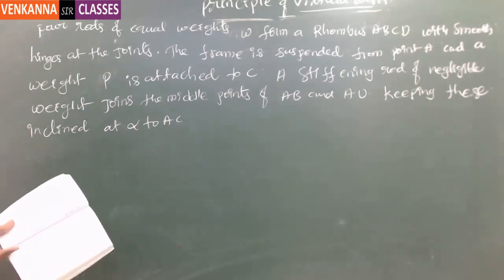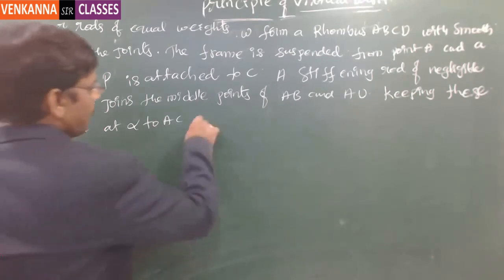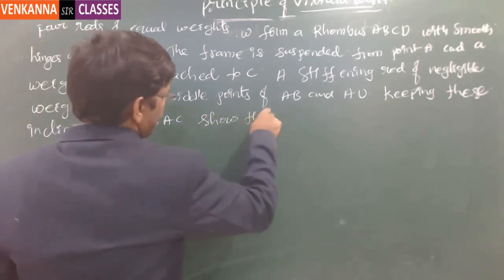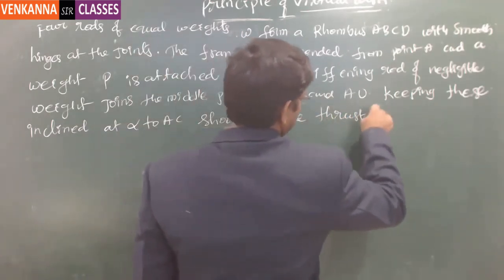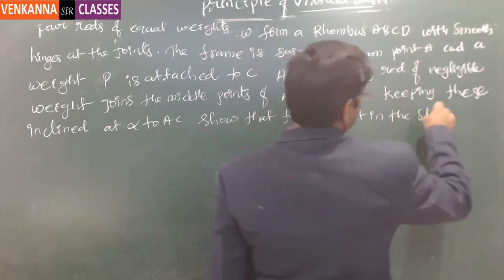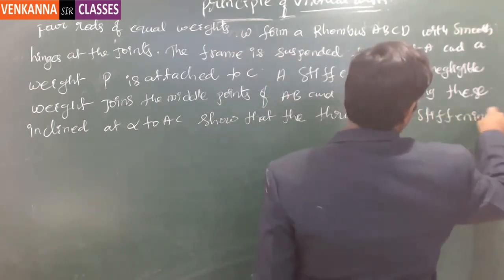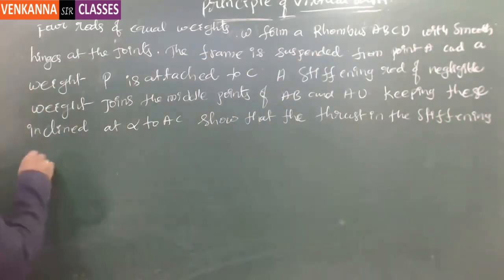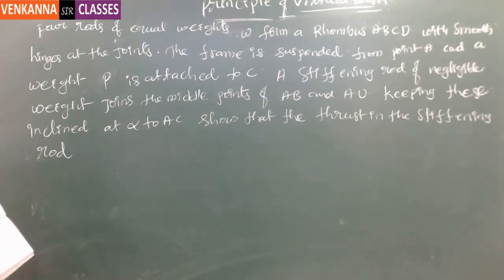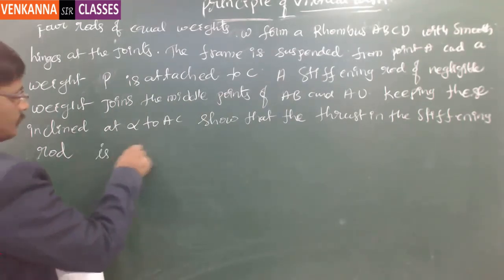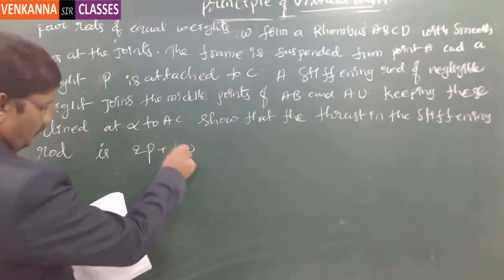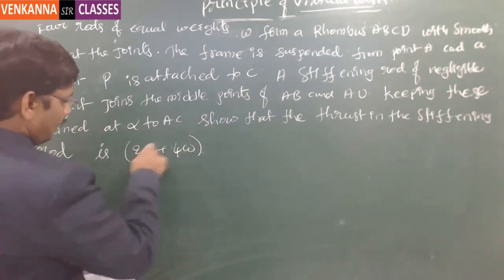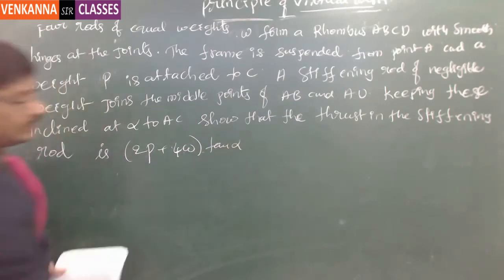Show that the thrust in the stiffening rod is 2P plus 4W, sorry, 2P plus 4W times tan alpha. So this is what he actually asked us to prove.